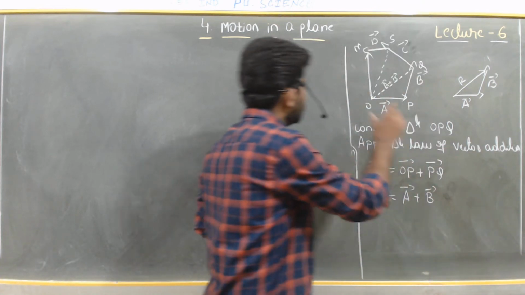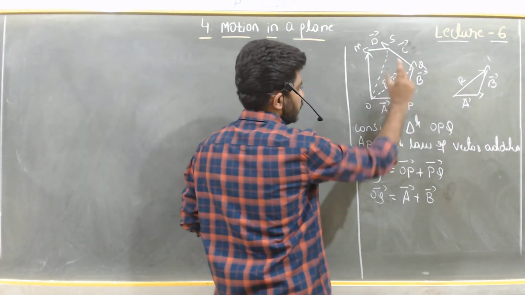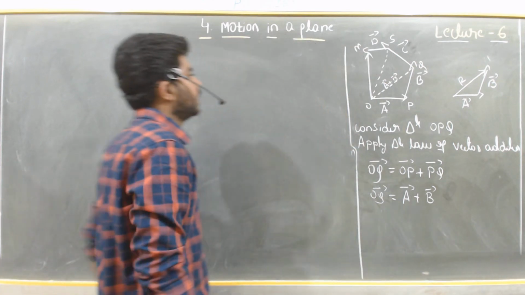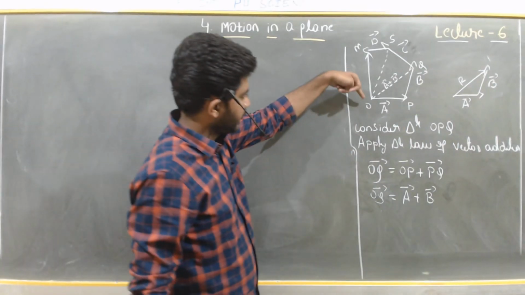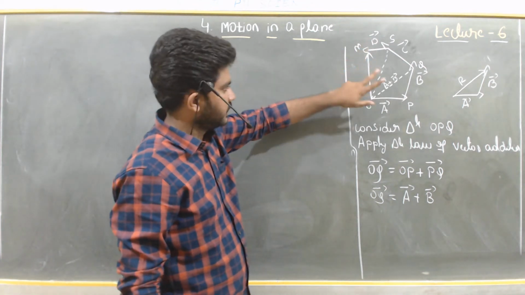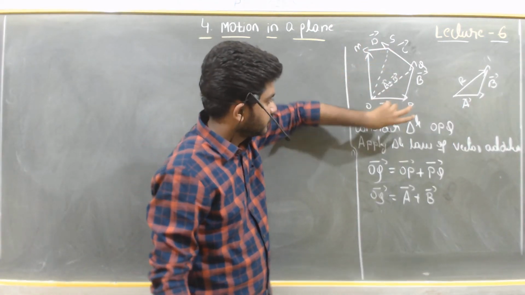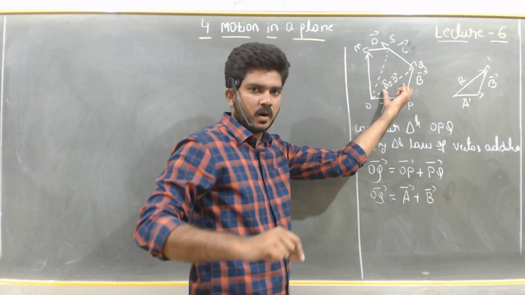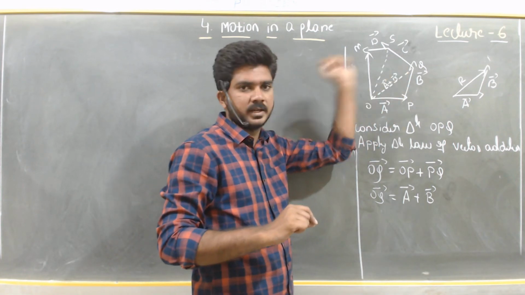Yes sir, we have got one side OQ, which is vector A plus vector B. After that I have drawn one more line because I have to add the resultant with C. Whatever resultant vector we have got should be added with the other vector, that is C.